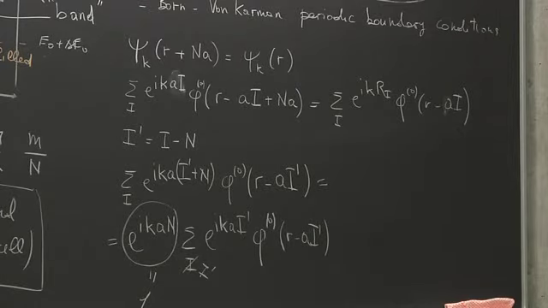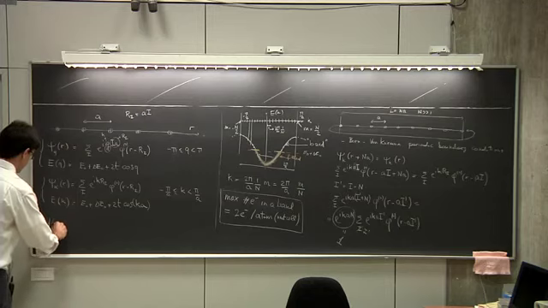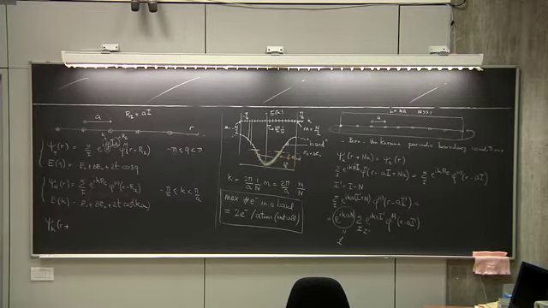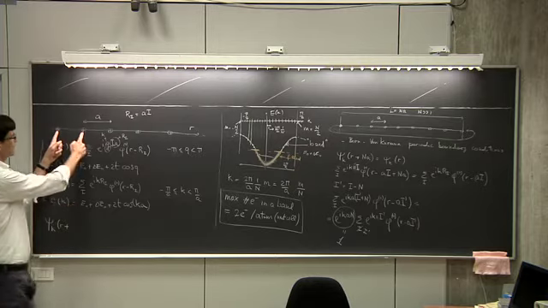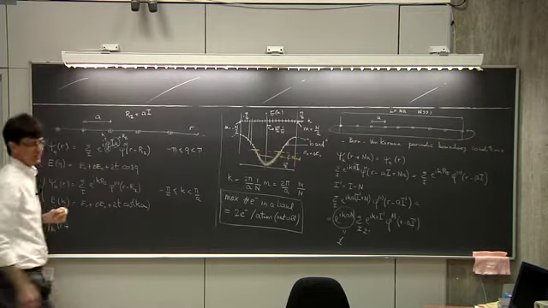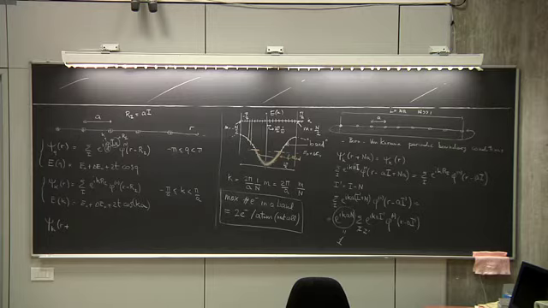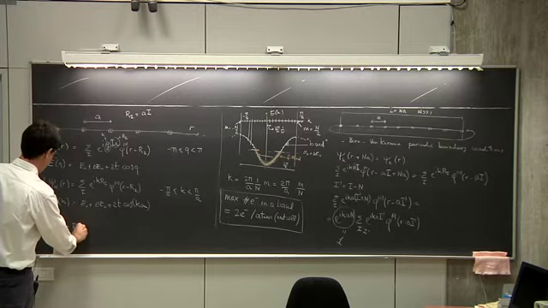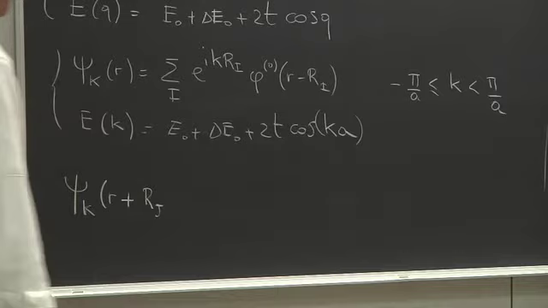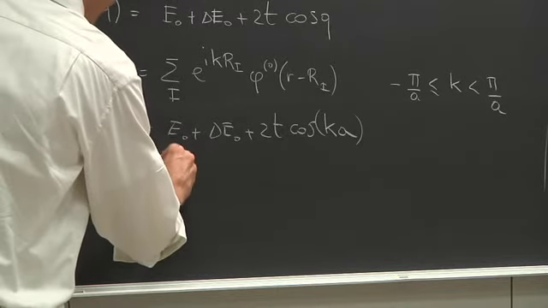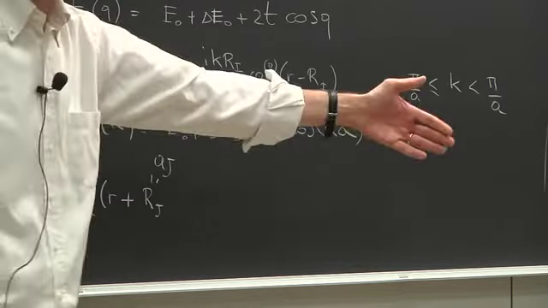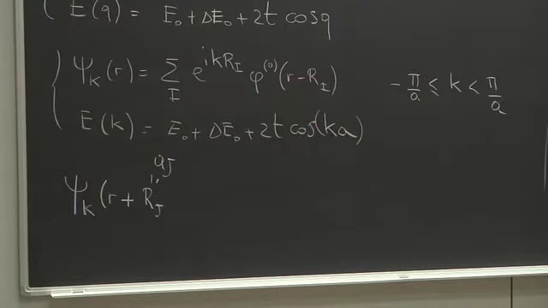So I take my wave function and I translate it by an arbitrary repeat unit, R_j, which we know is a times j. So I take my unit cell and I just translate it by some j units.